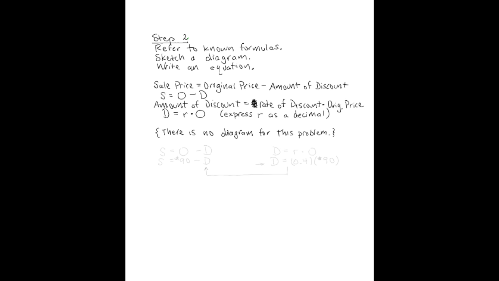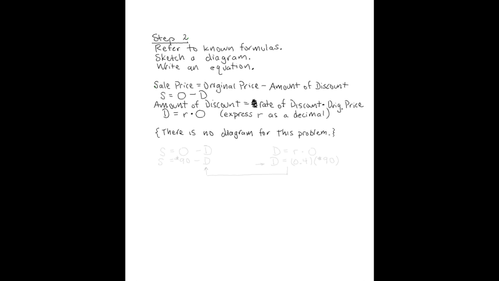Step 2 says, refer to known formulas, sketch a diagram, write an equation. Well, one thing I'll point out right away is there is no diagram for this type of problem, so we just need to know what sorts of equations we're going to deal with. The sale price and discount rate problems always use the same 2 equations, and they are as follows.